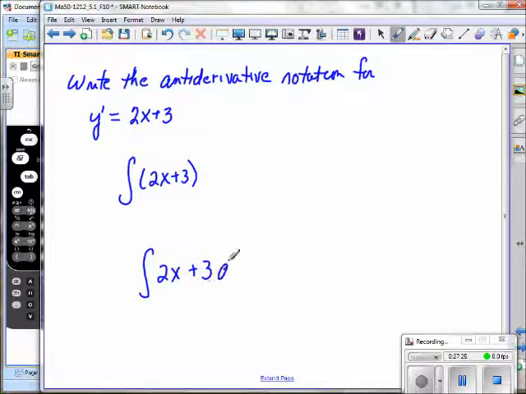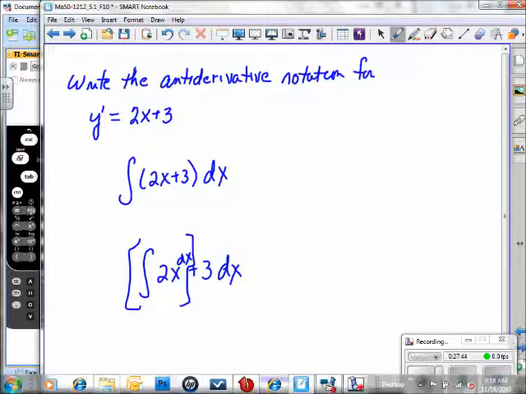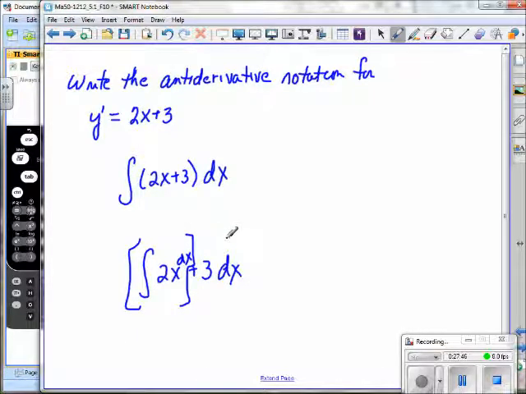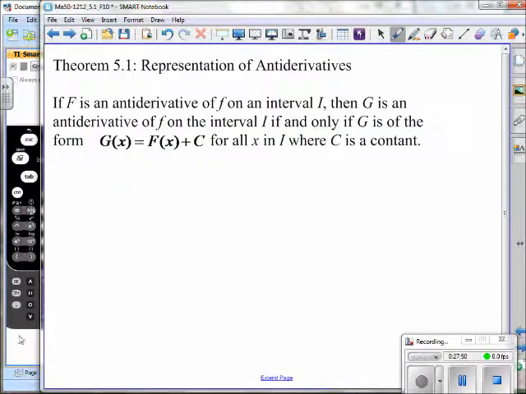But it would also be incorrect if you put that here because this is incomplete. What's missing down here, as well as up here? Yeah, the differential x, dx. So if I wanted to have both of those, I'd have to include a dx here, and then it truly would be like that. So make sure you put parentheses in. Otherwise, it will be counted as incorrect because it's not correct.